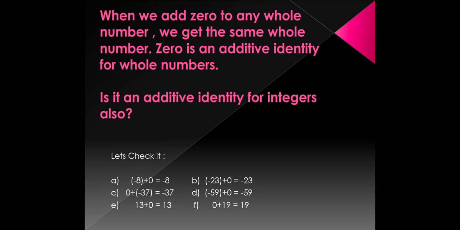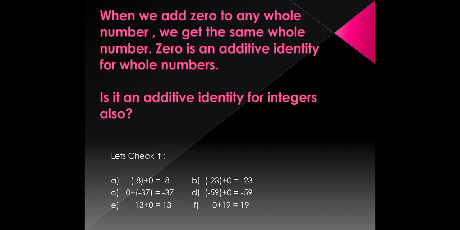So 0 is an additive identity for whole numbers, because we know that 8 + 0 is 8, 13 + 0 is 13, 17 + 0 is 17. So if we add 0 to any whole number, we get the same whole number. So we can say that 0 is an additive identity for whole numbers. Now is it an additive identity for integers also?